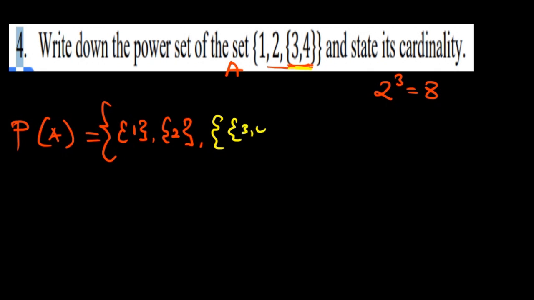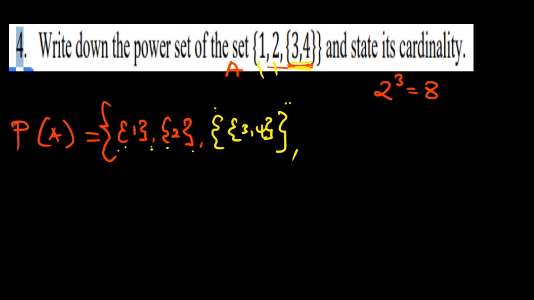So notice how I'm writing it, right? Because it's an element there, we have to put it between these two curly brackets, just like the way we've done to the 1 and the 2 there. Even this set {3, 4}, we're going to put it in curly brackets.